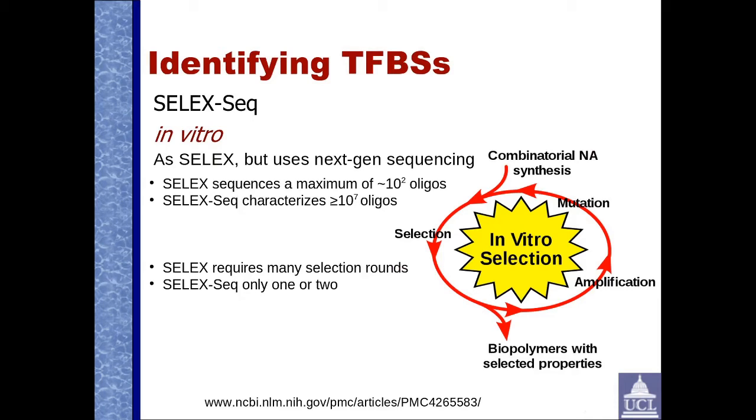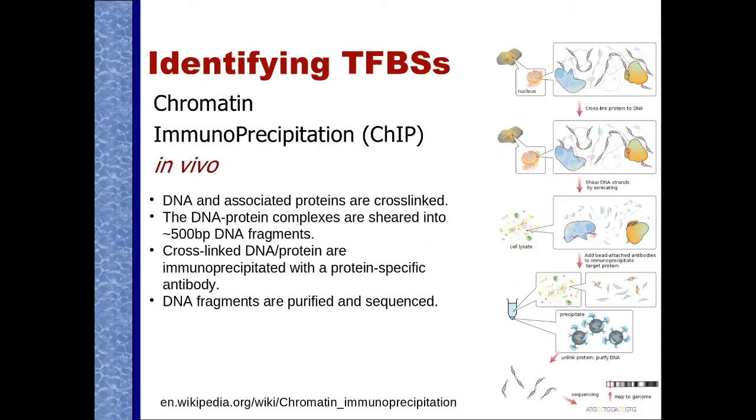Now, those techniques that I've described so far are all in vitro techniques. What about in vivo? Well, the first of these is known as chromatin immunoprecipitation, or ChIP. And what we do here is we cross-link DNA with proteins with which it's associated.